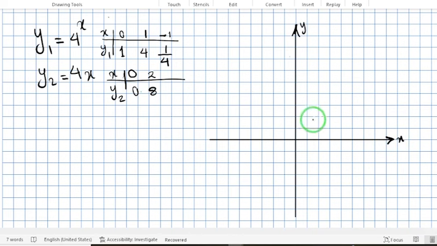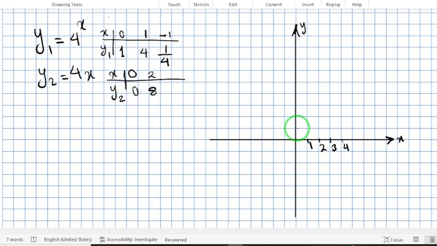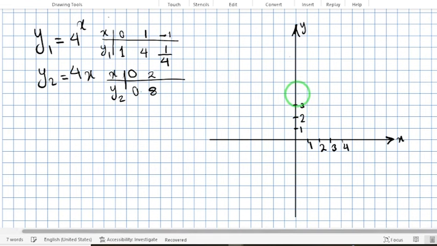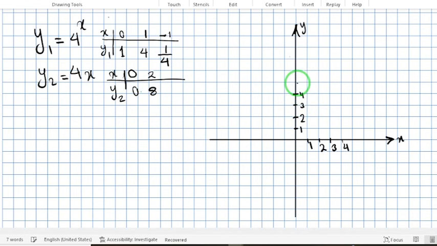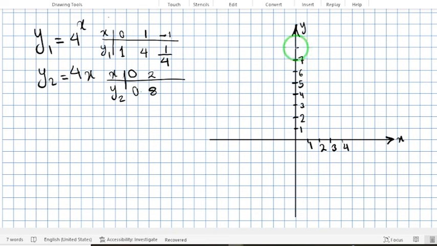We separate equal units: 1 here, for example, 2, 3, 4, and on the upper side here 1, 2, 3, 4, 5, 6, 7, and 8.